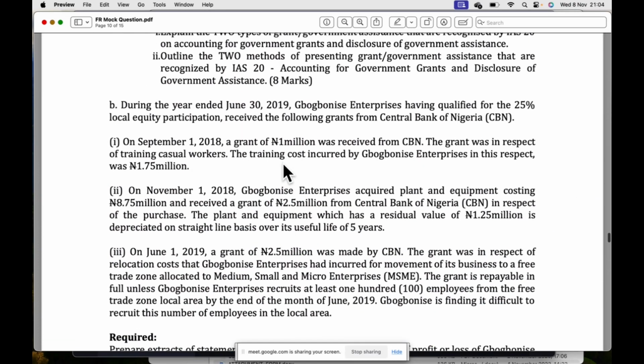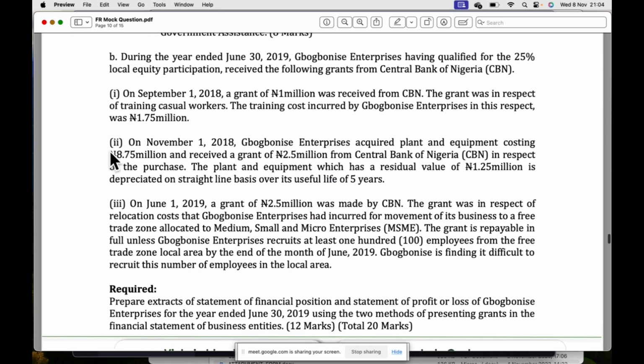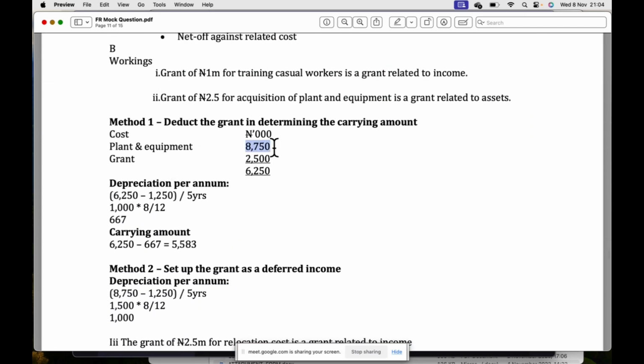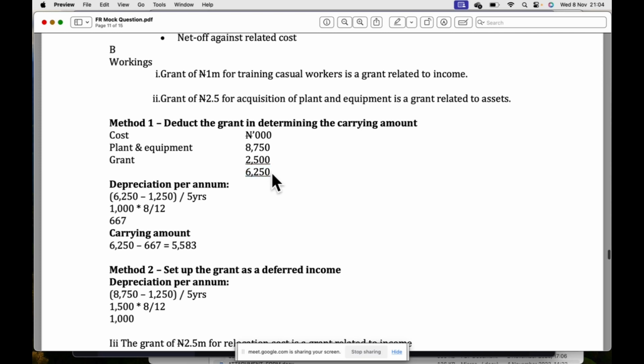Since they gave me a grant of 2.5 million, I will just use it to reduce it. So deduct the grant in determining carrying amount. That means to me, the cost of the asset is 6,250,000.